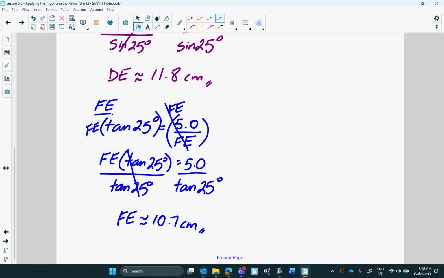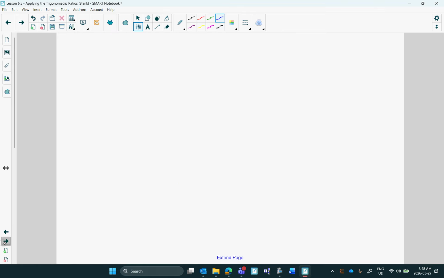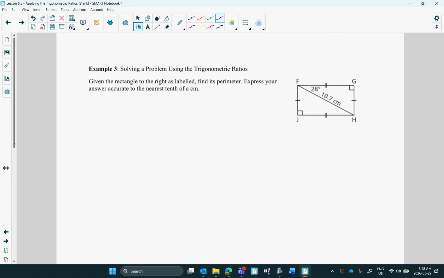The last question is kind of like a word problem with the diagram. So again, we're sort of using our knowledge of different types of math. I need to figure out the perimeter of this rectangle.